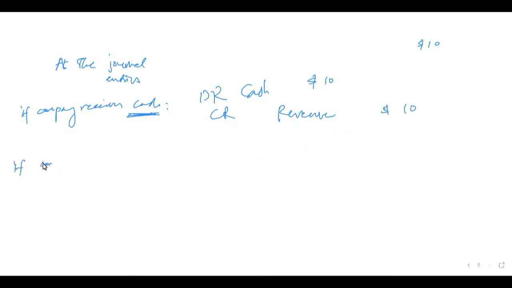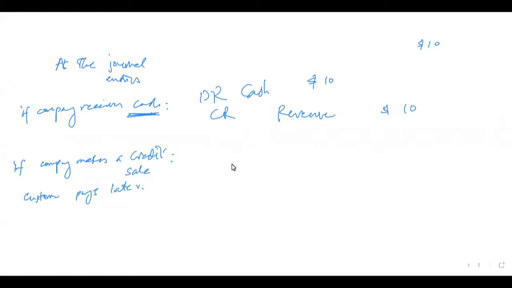Moving on, if there's a credit sale, what would be the journal entry? In a credit sale, this means the customer pays later.